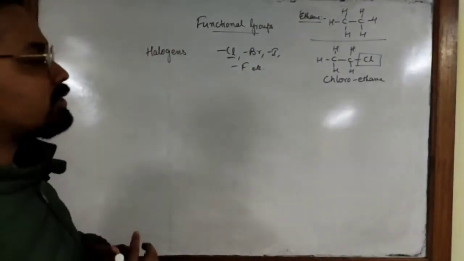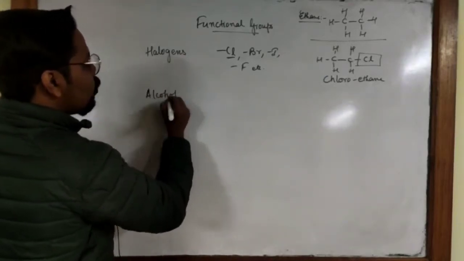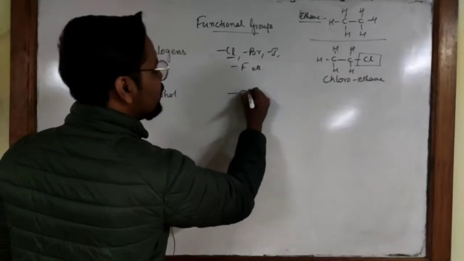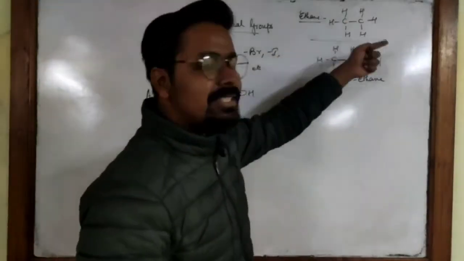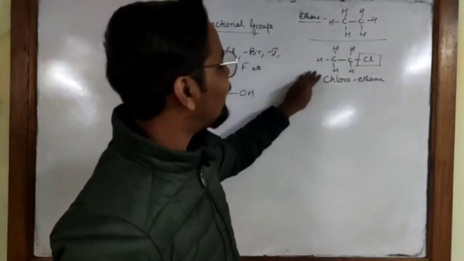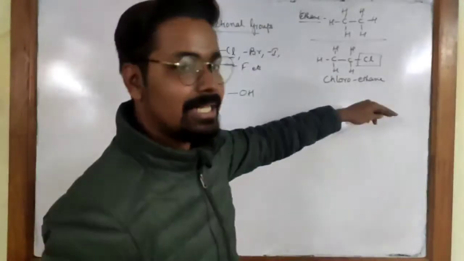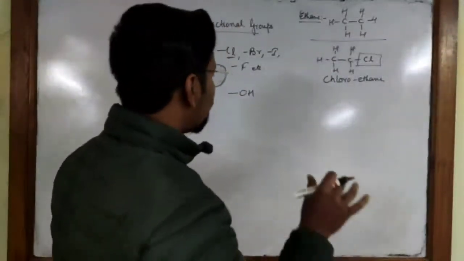The next one that comes are the alcohols. Alcohol functional group is a simple hydroxyl functional group. So if you add an OH to any of these, then it becomes an alcohol. This is an alkane. We have converted an alkane into a chloroalkane. Now we are going to convert an alkane into an alcohol. So how do we do that?